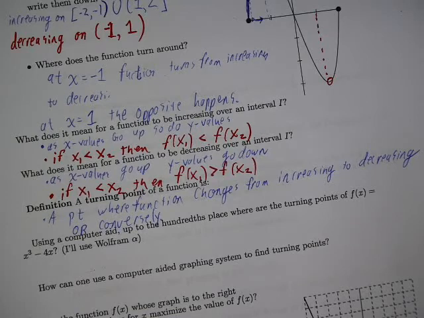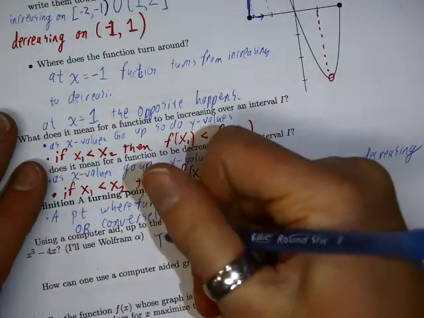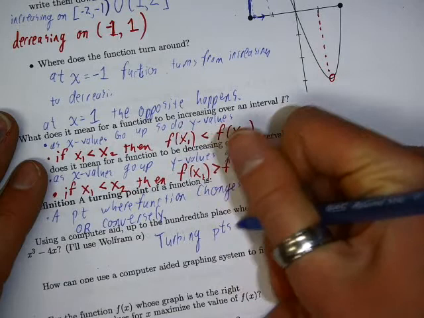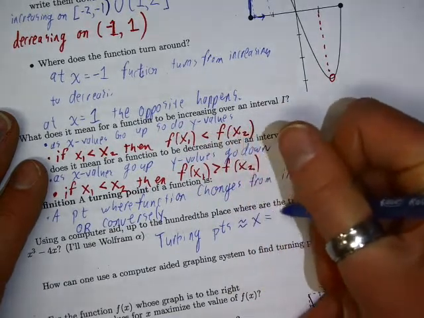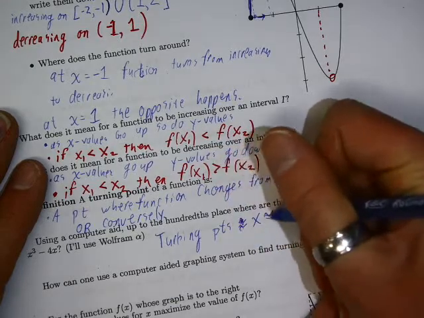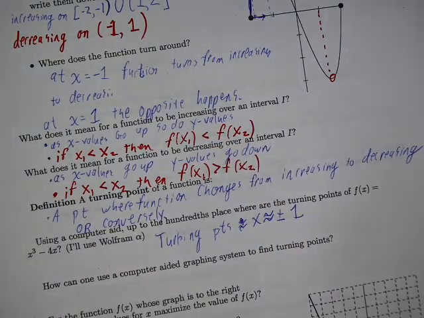So based on the graph that's just above, what are the x values of the turning points for that function? X equals -1, x equals 1. Yeah, exactly. Turning points are at x approximately plus or minus 1.